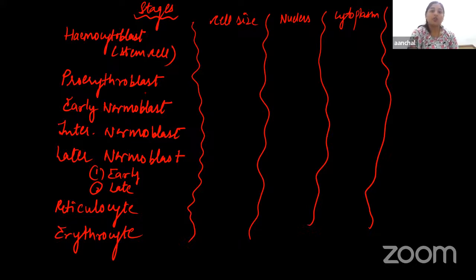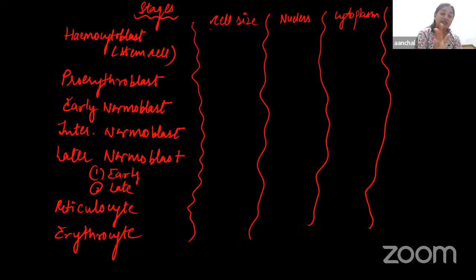Okay. So starting from the cell size, as we know, the size of the mother cell is always larger, and the size of the mature cell, meaning the erythrocyte, will be smaller. As the stages proceed, the first stage will be hemocytoblast, then proerythroblast, then early normoblast, then intermediate normoblast, then late normoblast, then reticulocyte and erythrocyte.